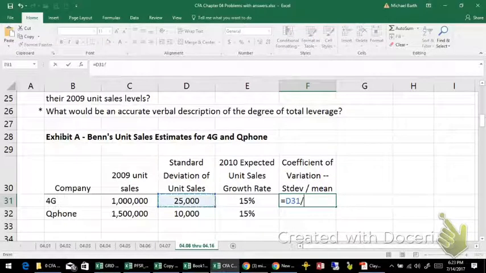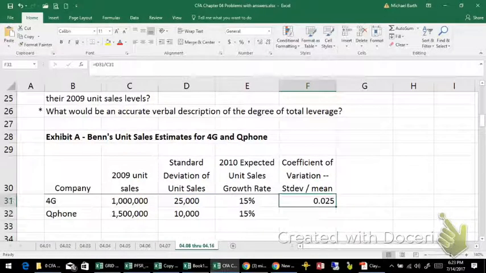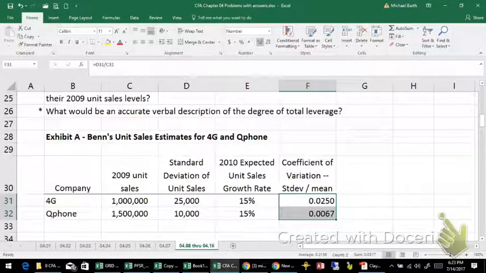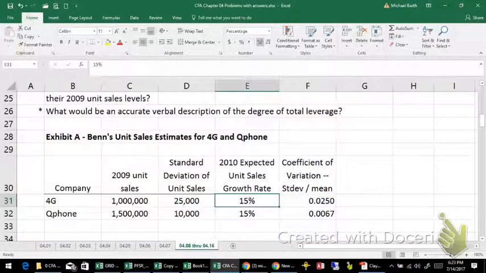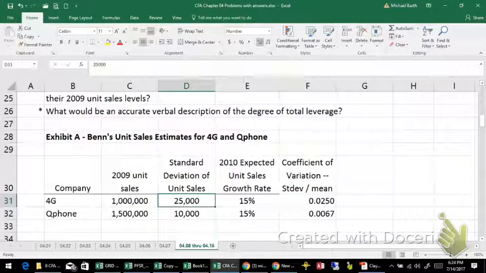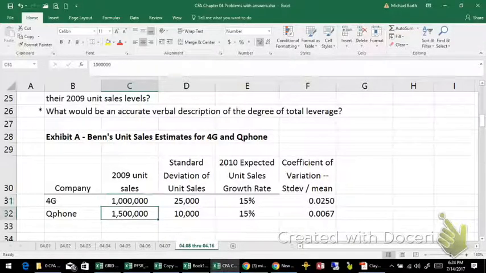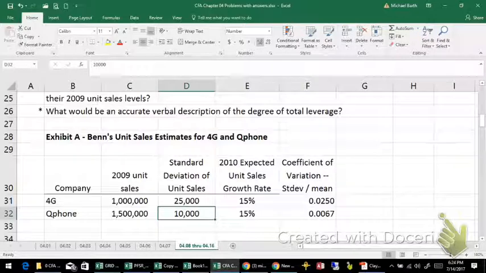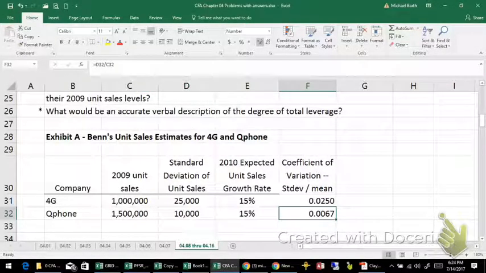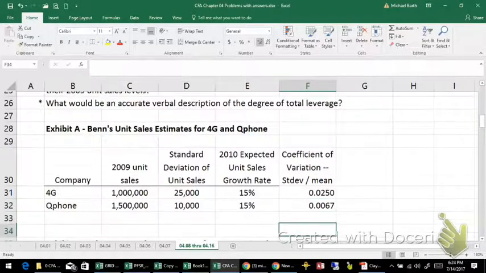So if we took standard deviation divided by the mean estimate for both of these, put them in the same unit, same number of decimal places, relatively, that's a much riskier estimate because it's 25,000 variability on 1 million units, and this one has less variability for a larger number. So that's the coefficient of variation. Gives you some idea of relative risk in there.